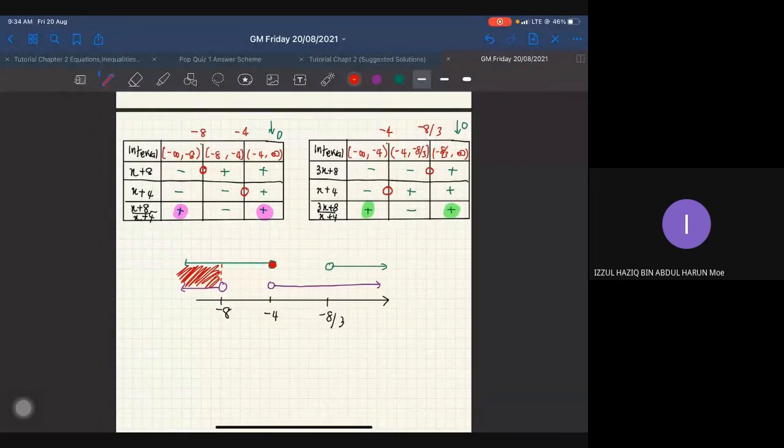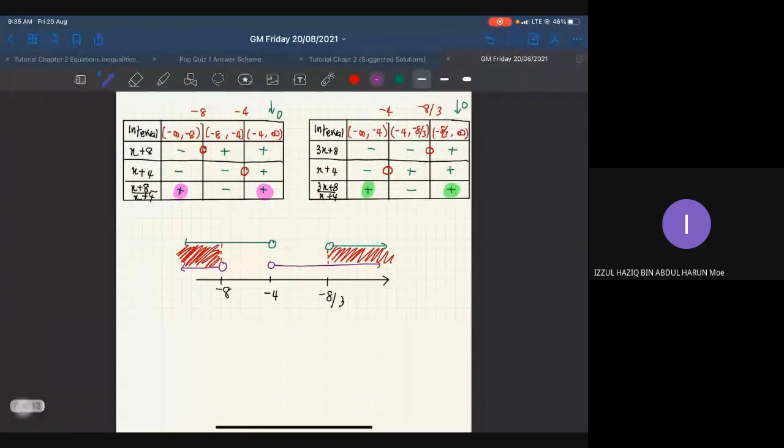And then kita ada kawasan yang bertembung lagi satu adalah dekat negatif 8 pergi ke belakang. Okay. So, our answer is from negative infinity to negative 8 open bracket, and then unionkan dia dengan negative 8 over 3 to positive infinity open bracket. Okay, boleh ke?